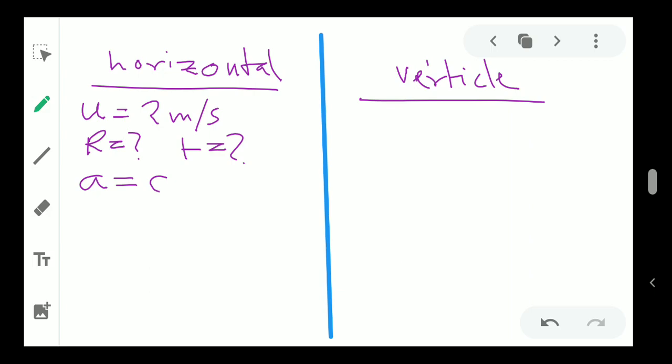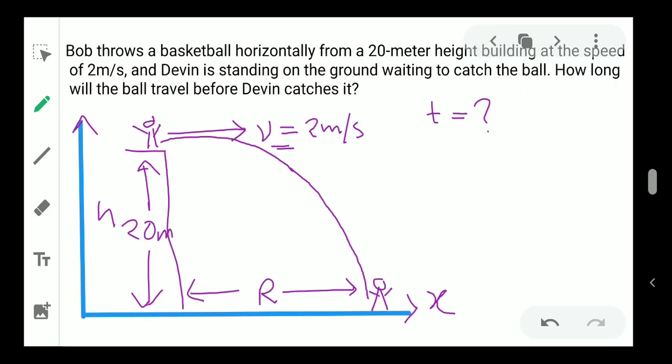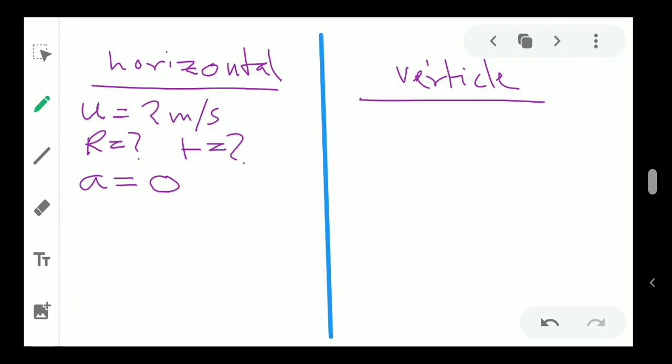If acceleration is zero, the velocity at the point where Bob is standing and the velocity when Devin catches it will not change. So this formula is valid for this case: s equal to vt, or in this case s equal to ut.